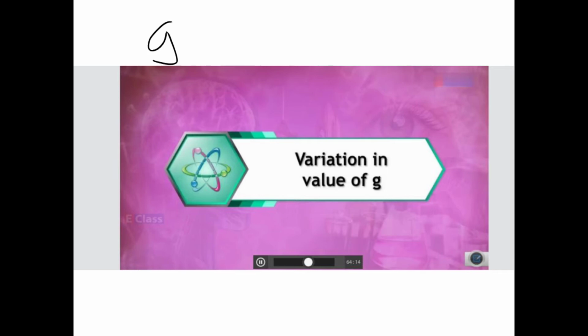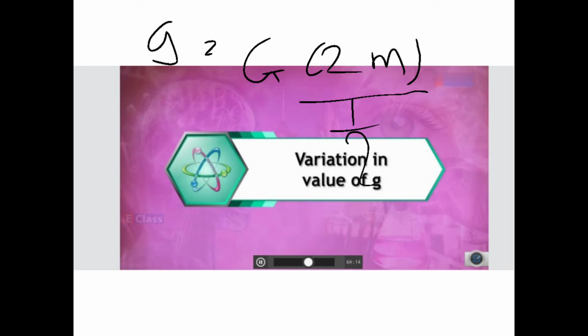We have g is equal to capital G into M upon R square, right? Now in our g, this M became 2M, and the R became half of the radius.